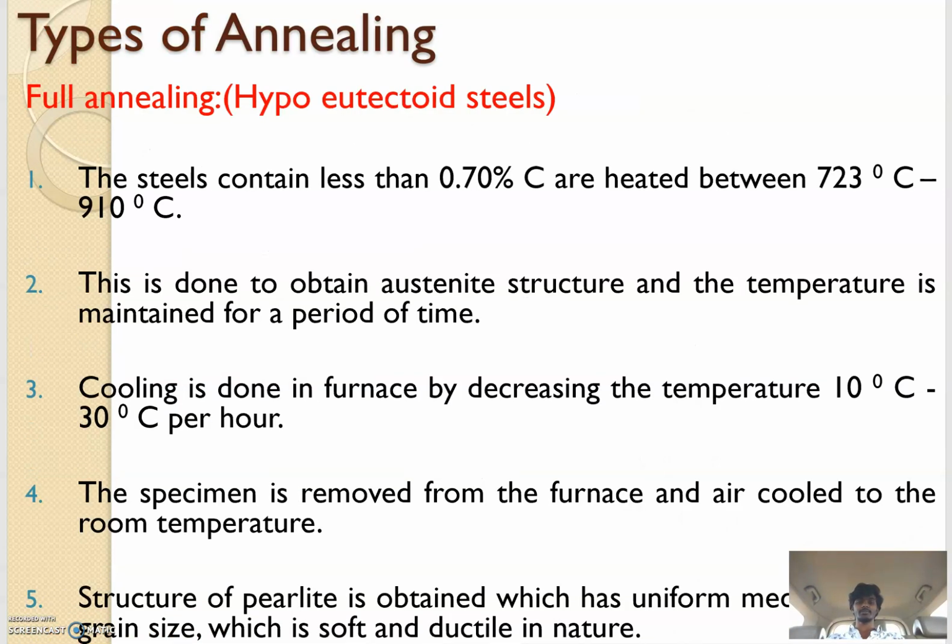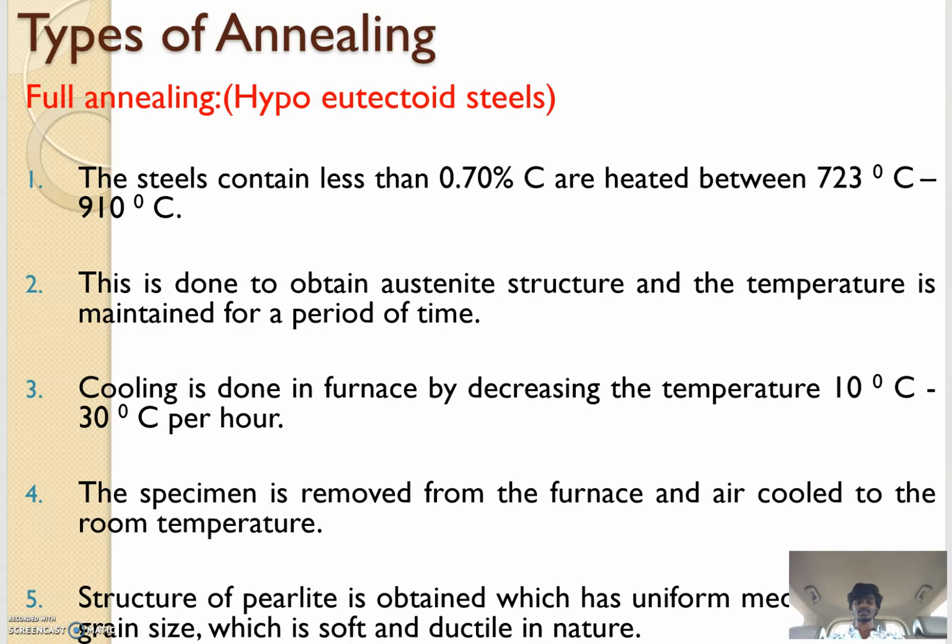Types of annealing. Full annealing. It is known as hypoeutectoid steels. The steels containing less than 0.7% carbon are heated between 723 degrees Celsius to 910 degrees Celsius. This is done to obtain austenite structure and the temperature is maintained for a period of time.